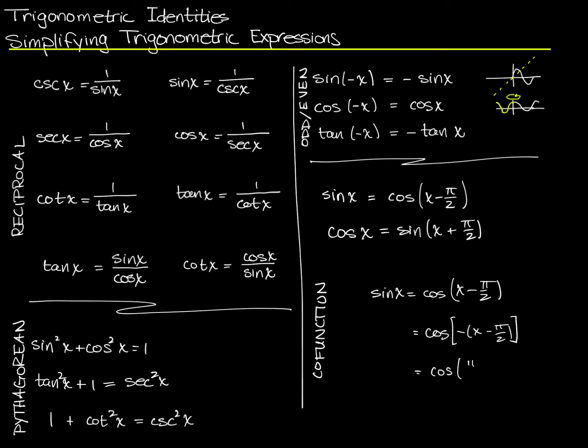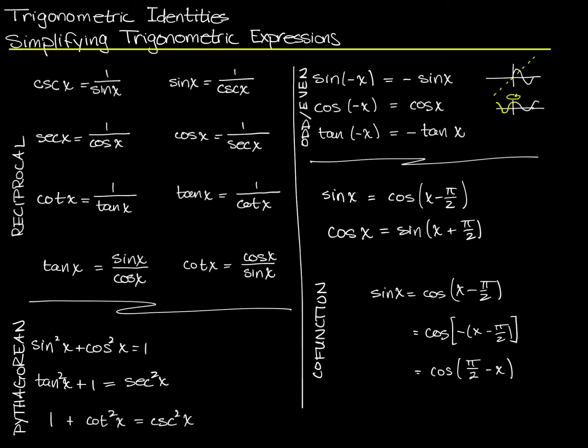And if I change the order those are written in, I get positive pi over 2 minus x. So the sine is equal to the cosine of x minus pi over 2. It's also equal to this, because I did a little algebra. And then I did a little more algebra, and so I've shown that it's actually also equal to this.